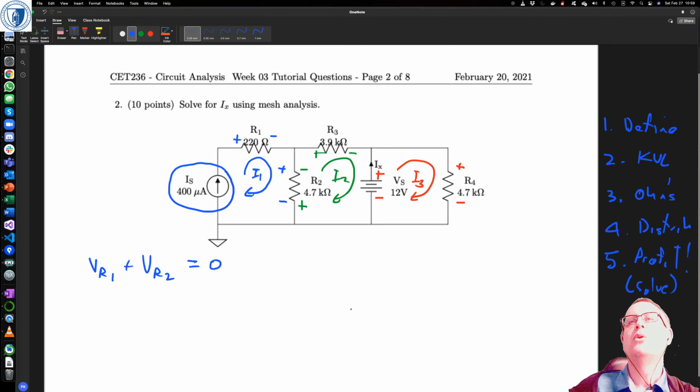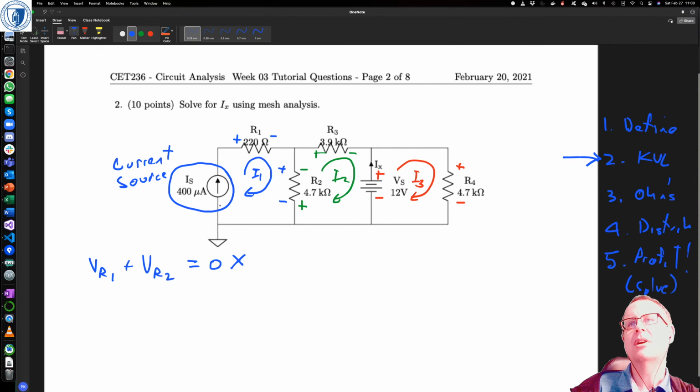Right. So the issue is that we're trying to write our KVL equations, our Kirchhoff's voltage law equations, which we need voltages for. And this is a current source. So that means we can't write an equation in terms of voltages because we don't know what the voltage across here is.